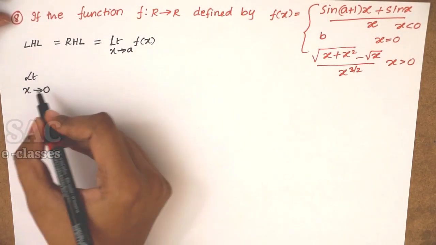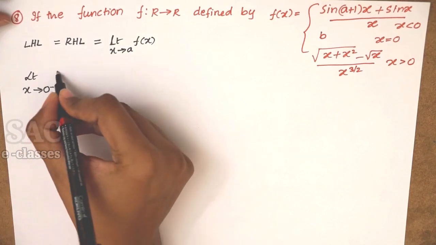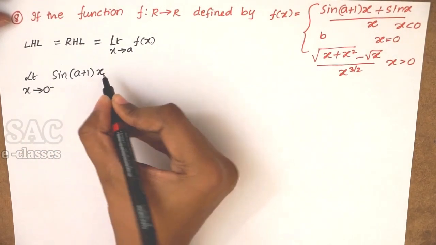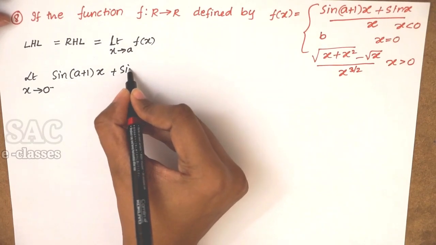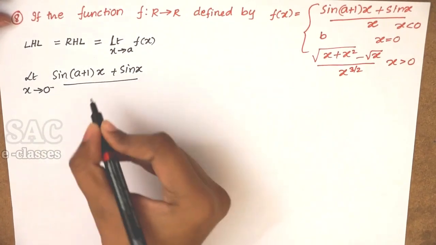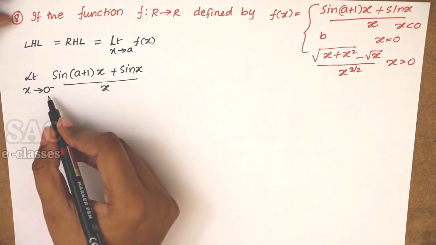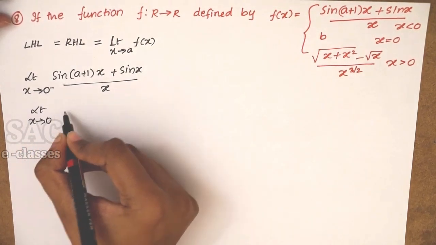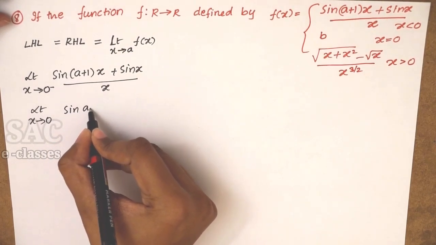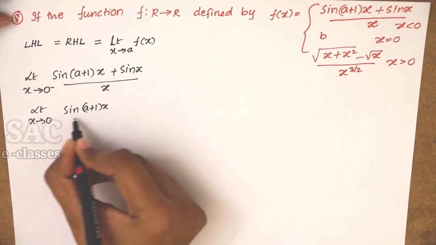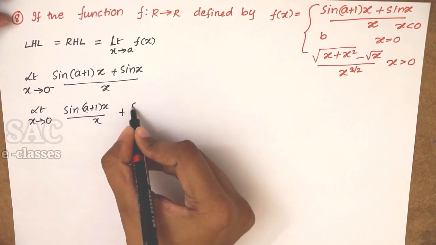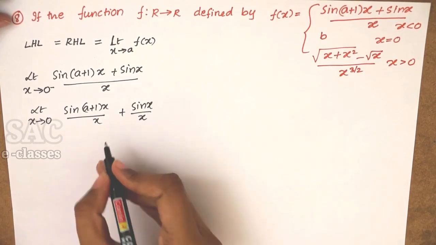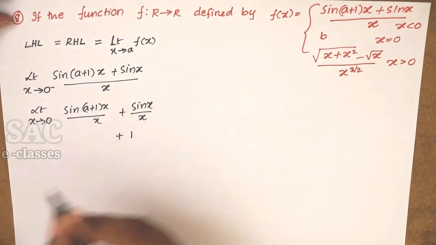Let me take LHL, nothing but 0 minus, sin of (a plus 1) into x plus sin x by x. Let me take this one as sin of (a plus 1) into x by x plus sin x by x. Obviously, by sandwich you can write it as 1.